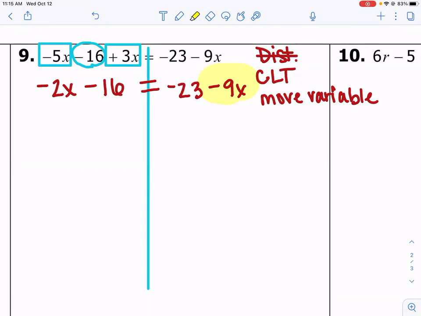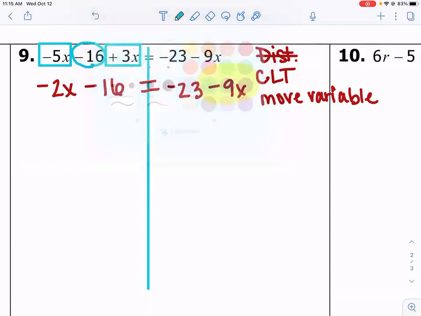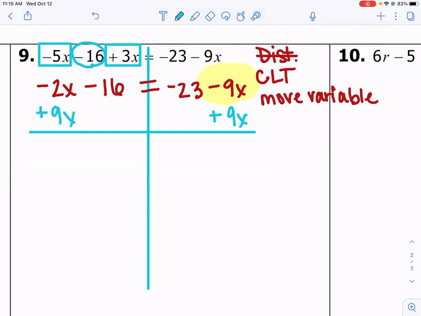If I want to move it over, Ariana, what am I going to have to do? Since this is a subtract 9x, to undo it, we are going to need to add 9x to both sides. And do you see how I'm stacking the plus 9x right under my -2x to give me a kind of a heads up that those two need to go together?